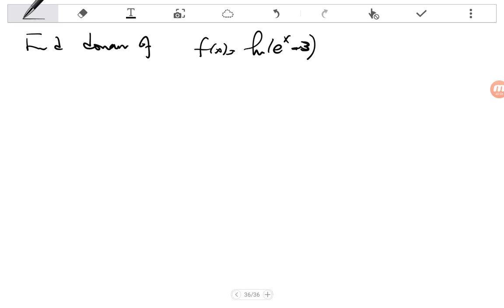Now if I need to find the domain of ln of e power x minus 3, we just learned that for this we take e power x minus 3 greater than 0.